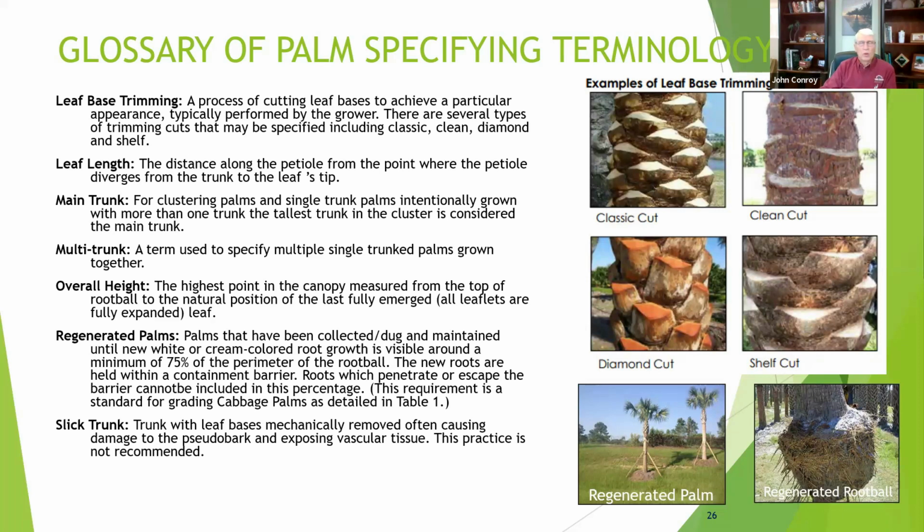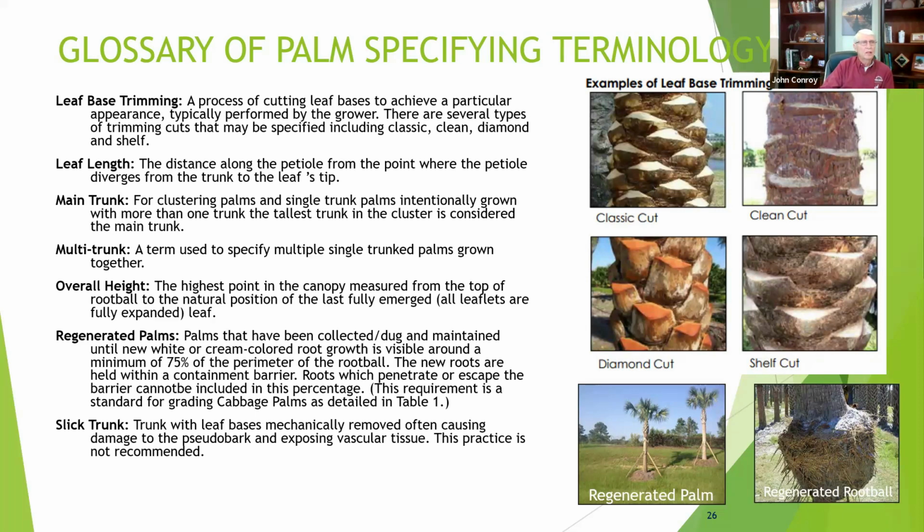A number of different ways can be done. We don't show booted here, but that would also be a form of leaf-base trimming. Just leave the boot on there and trim most of the petiole off. Usually that's done back to the point where the petiole begins to flare close to the base.